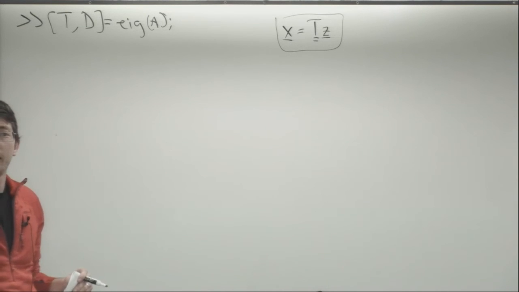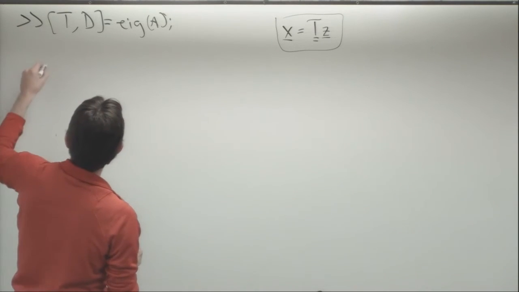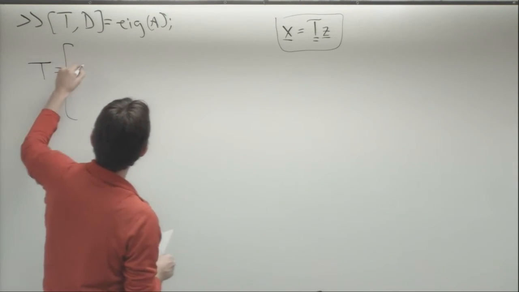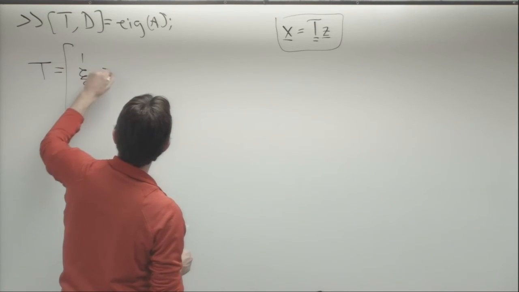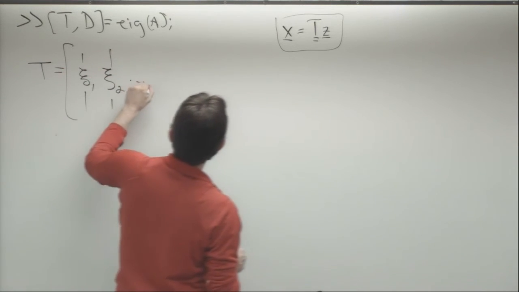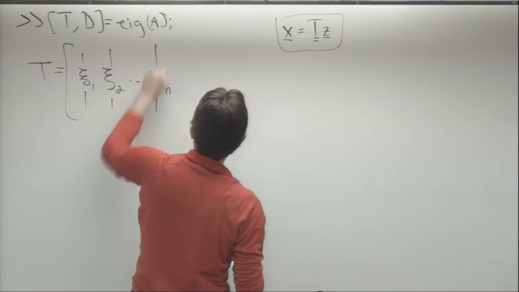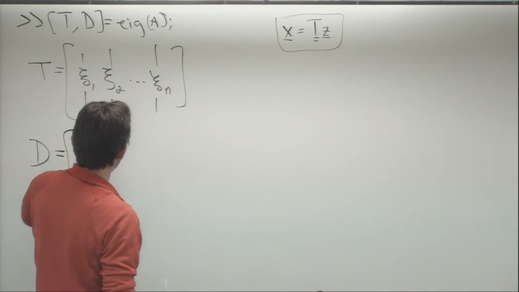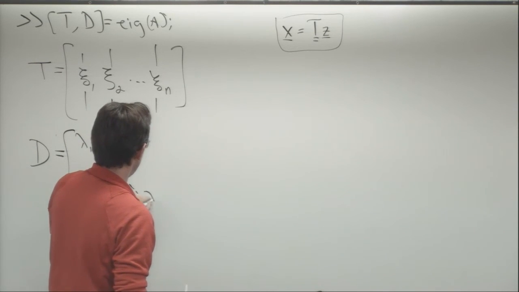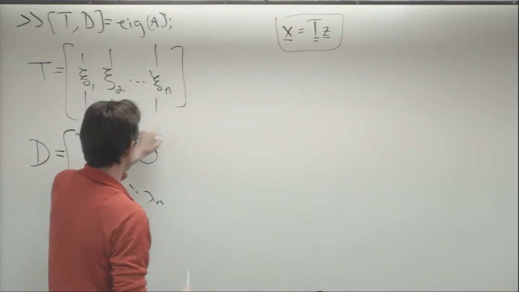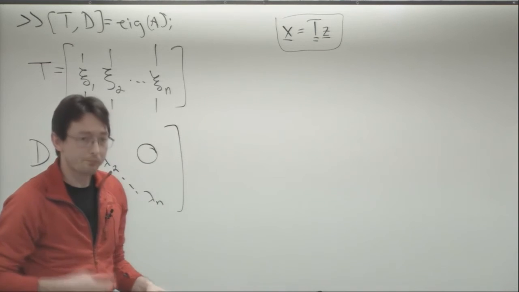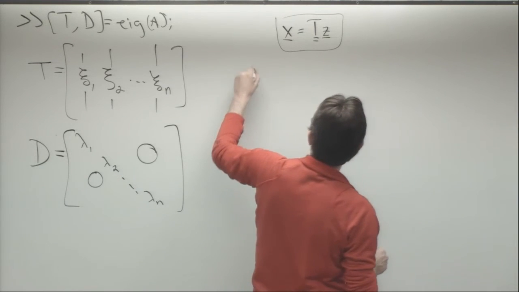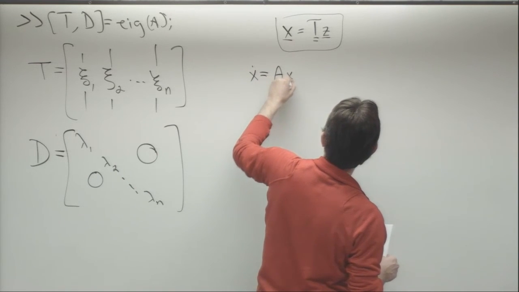So T is a big matrix of eigenvectors, c1, c2, through cn. D is a big diagonal matrix of eigenvalues, lambda 1, lambda 2, through lambda n, zeros everywhere else. And we had x dot equals A x.